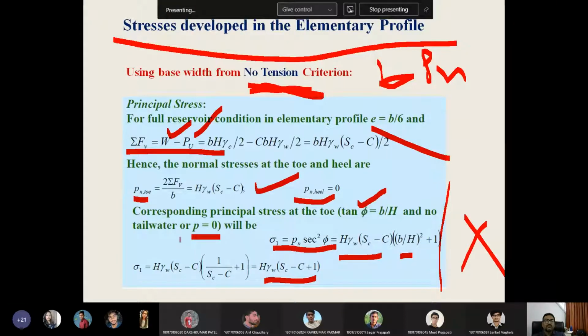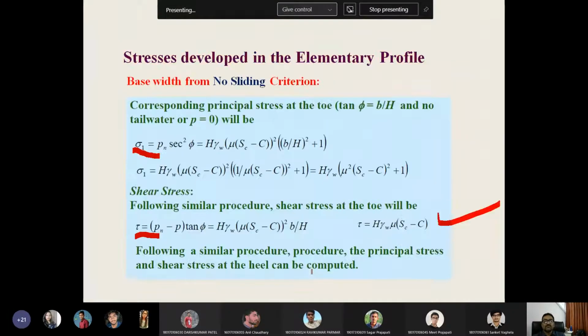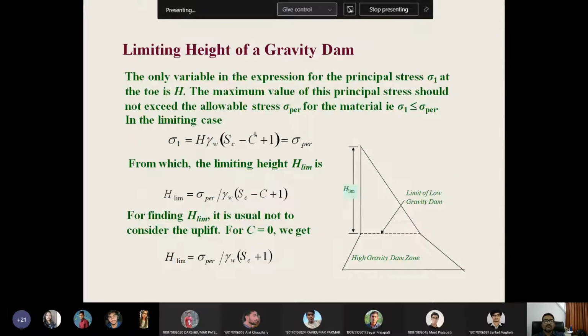This equation, principal stresses developed in the elementary profile. This equation, H, the unit weight of water, gamma W, SC minus C plus 1. These are the stresses, the formula which we have just calculated.